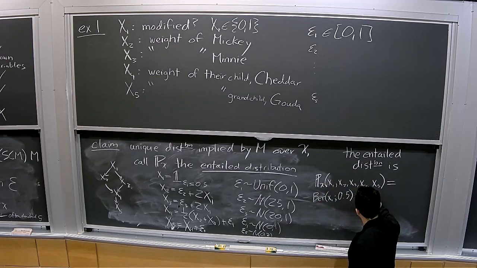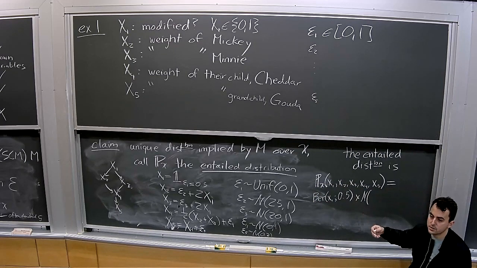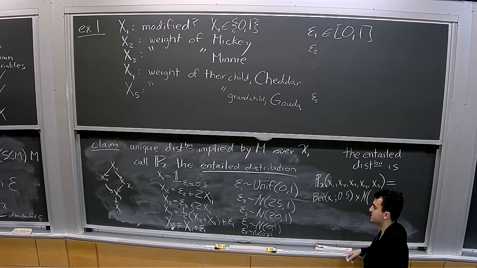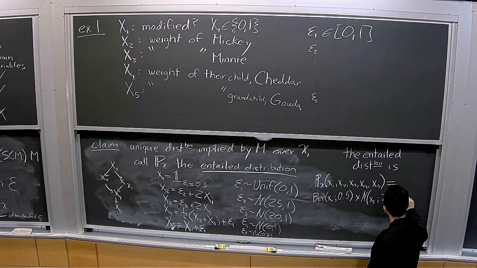And then I'm going to have a normal distribution over x2. That's going to be centered at 25 plus 2x1. So x2 centered at 25 plus 2x1. Variance 1.